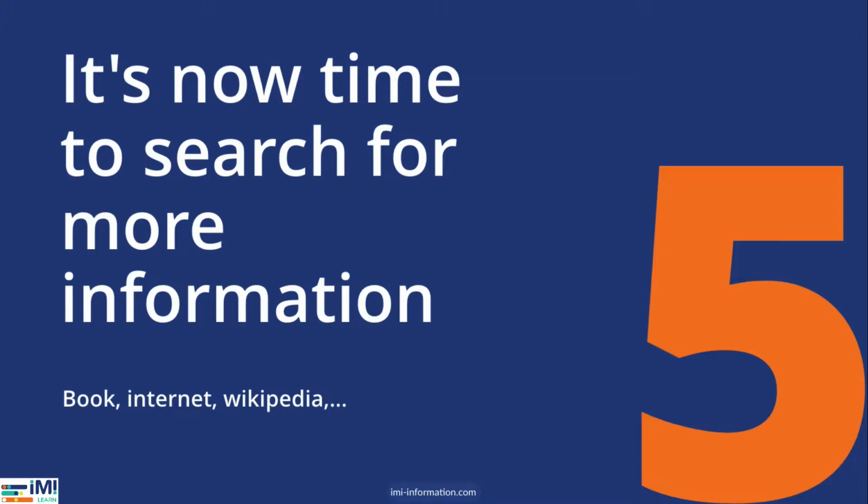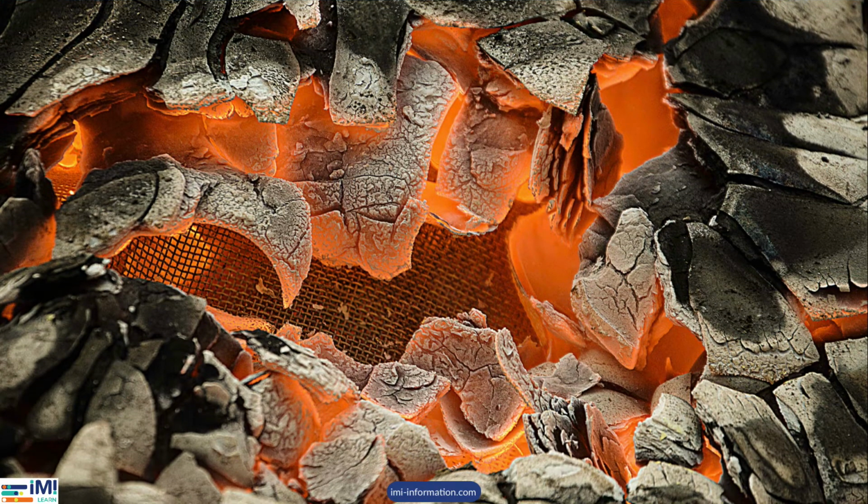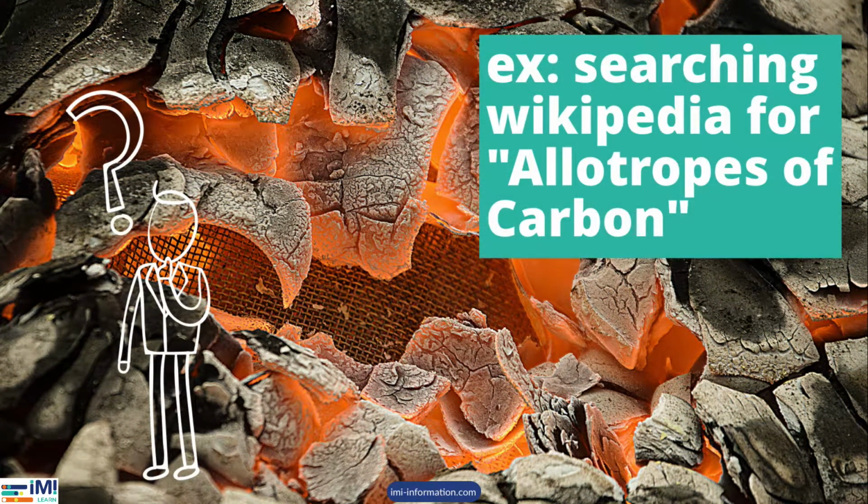When it's done, it's time to search for more information. And you can find this information from books, internet, scientific database, Wikipedia, any source you can access. For this specific example, I decided to just use Wikipedia at the rubric allotropes of carbon.